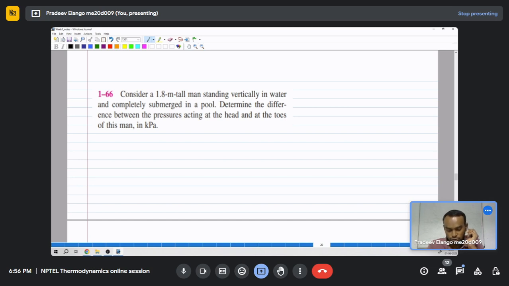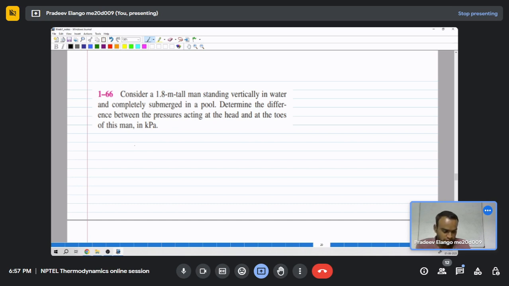Consider a 1.8 meters tall man standing vertically in water and completely submerged in a pool. Determine the difference between the pressures acting at the head and at the toes of this man in kilopascals. So this is similar to the previous problem. We need to find the pressure difference between the head and the toes of the man.